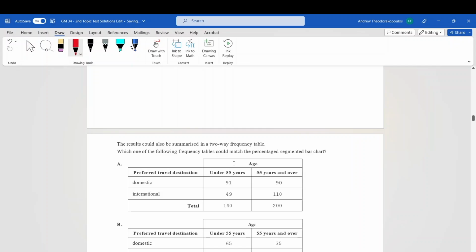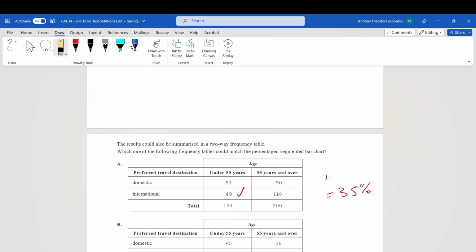So under 55, which is this one, for international, we have 49. So we're going to work out 49 over 140 and then multiply that by 100 to get the percentage. If you put that in your calculator, you'll work out that that does indeed equal 35%. So this one's correct.